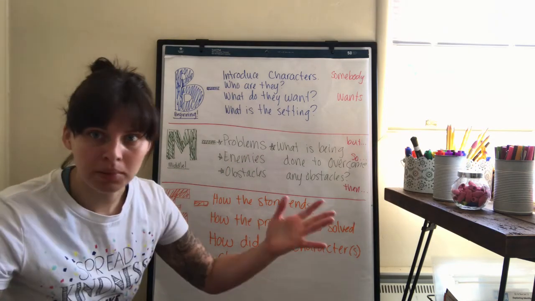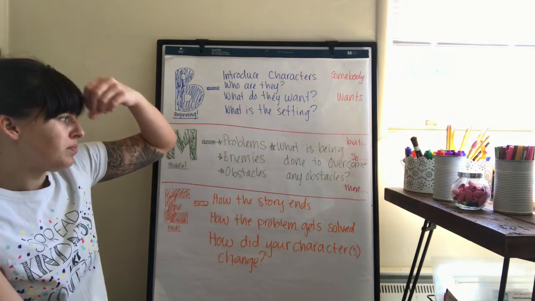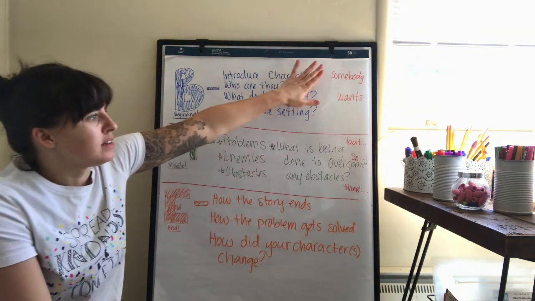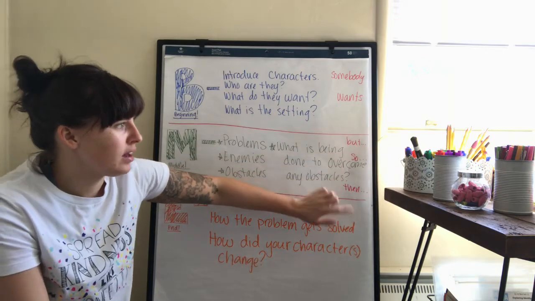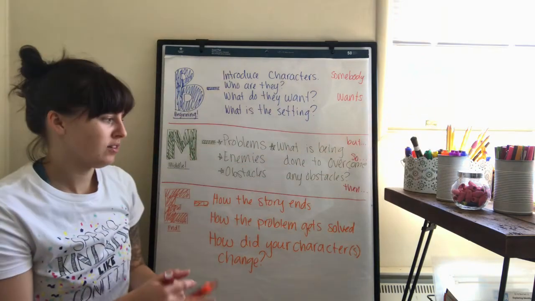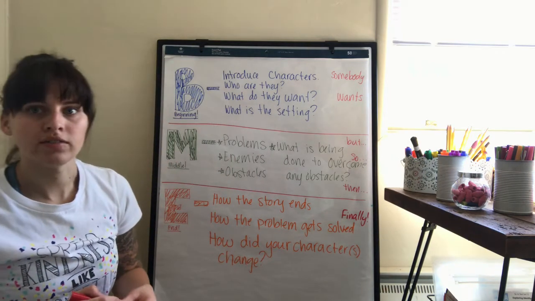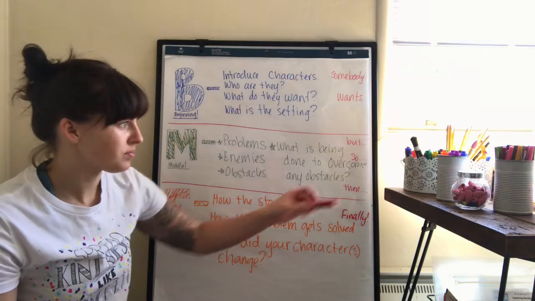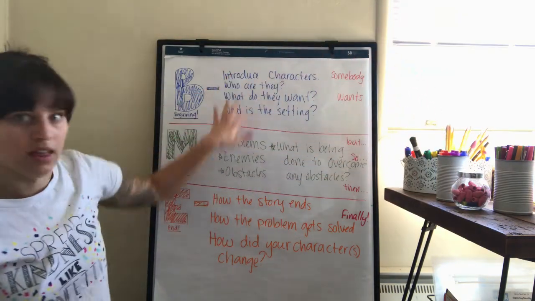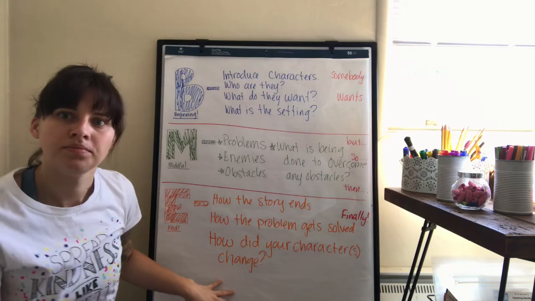Hopefully for the better, but maybe not. It's your story. That's what you're doing today. So remember, we did somebody once, but, so, then, and then here you are basically wrapping it up with finally. Right? Finally, what happens? How does this end? And that's all you're doing for writing today.